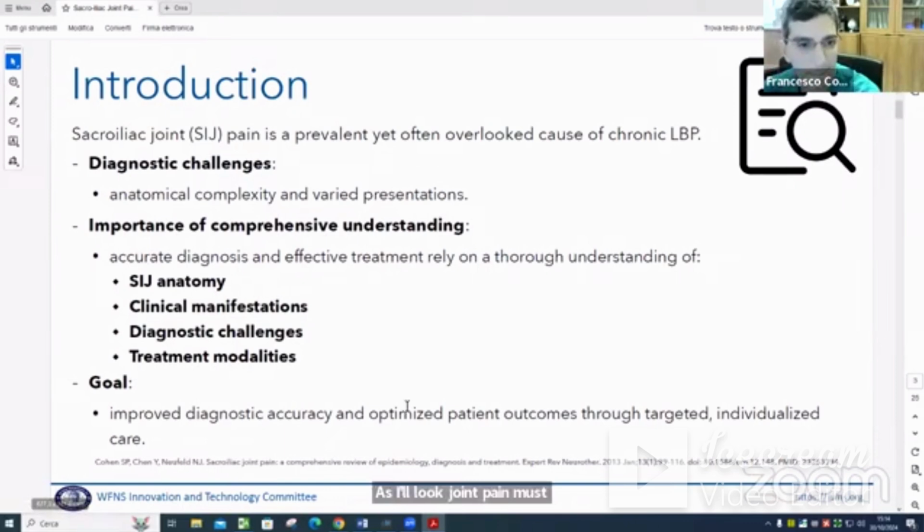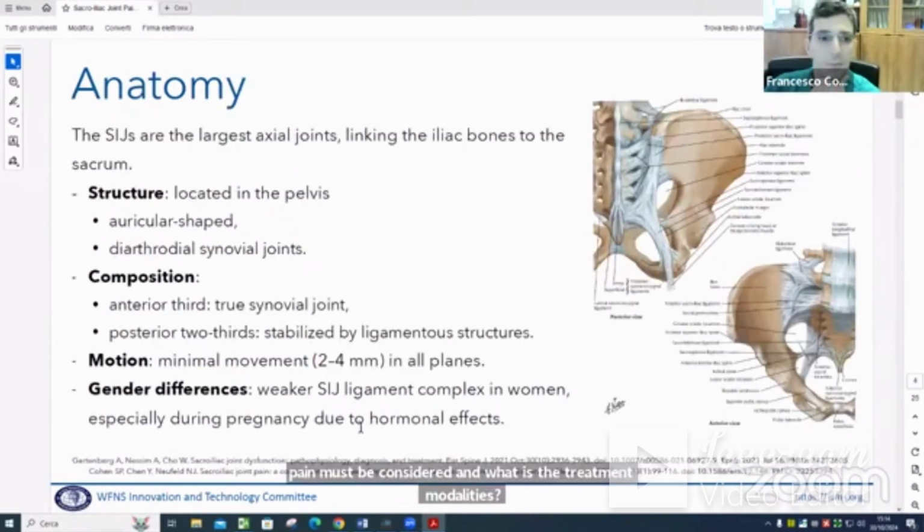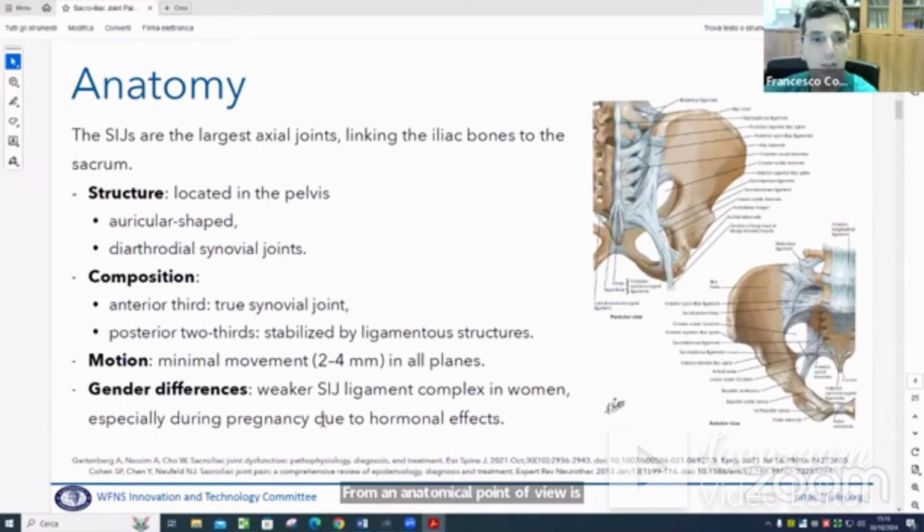Okay. From an anatomical point of view, it is a bony structure located in the pelvis, and is the connection between the sacrum and the iliac bone, with a pseudo-articulation with synovial joints.